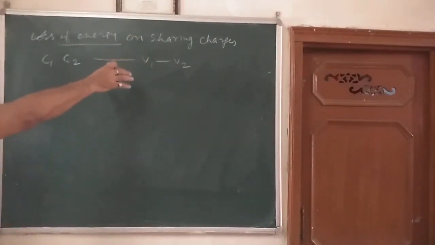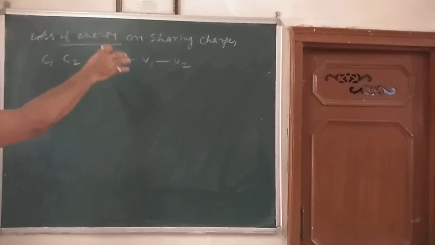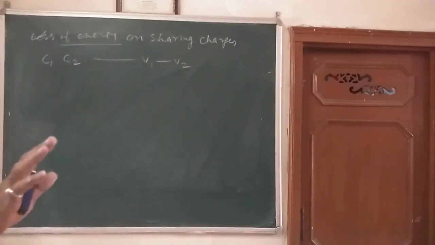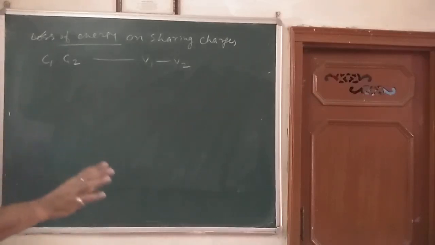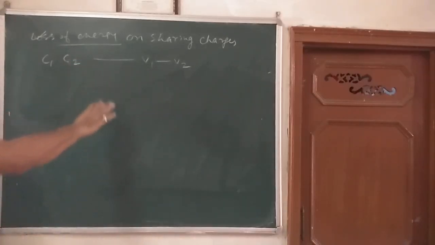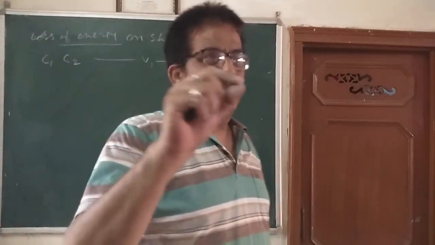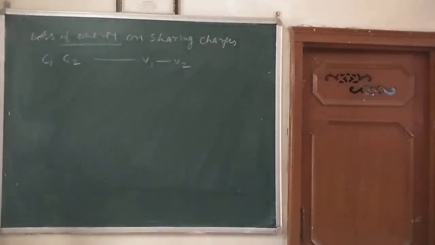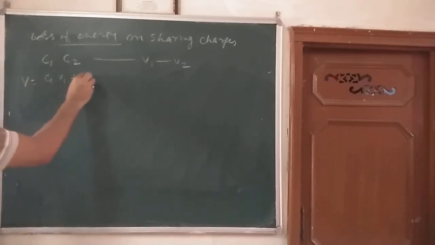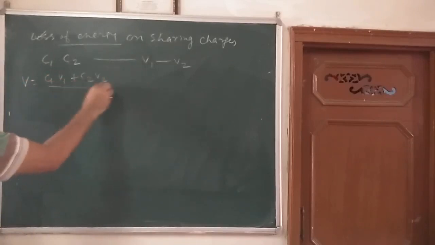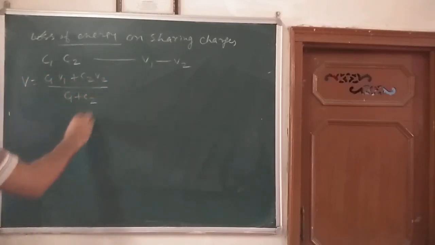They are connected together and their charges are shared. जैसे आप इनको कनेक्ट करेंगे, चार्ज शेयर्ड होंगे, and as charges are shared, the charge flows from one capacitor at higher potential to the other capacitor at a lower potential. Okay, so we can say कब तक होंगे? Till their potential becomes equal, and the common potential would be V is equal to (C1 V1 plus C2 V2) divided by (C1 plus C2).